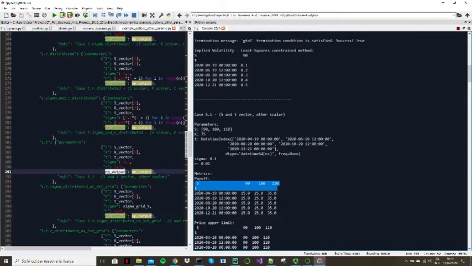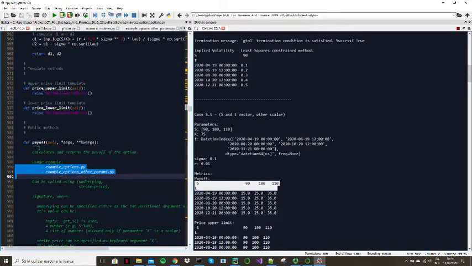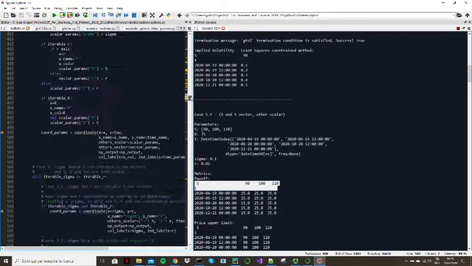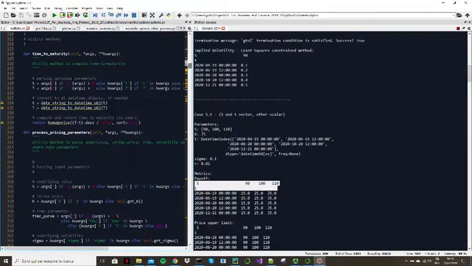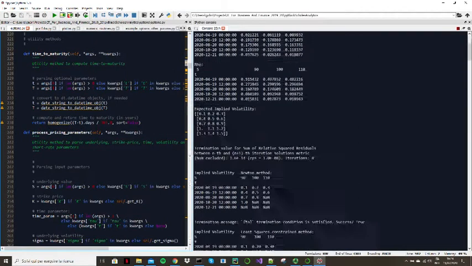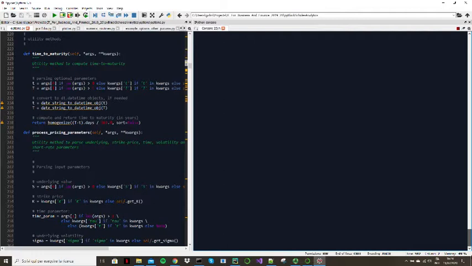For example, here we have both a vector underlying and a vector time parameter. The pricing input parameter function that we have seen above is responsible for organizing these two vector parameters in a grid, and more generally for other combinations.